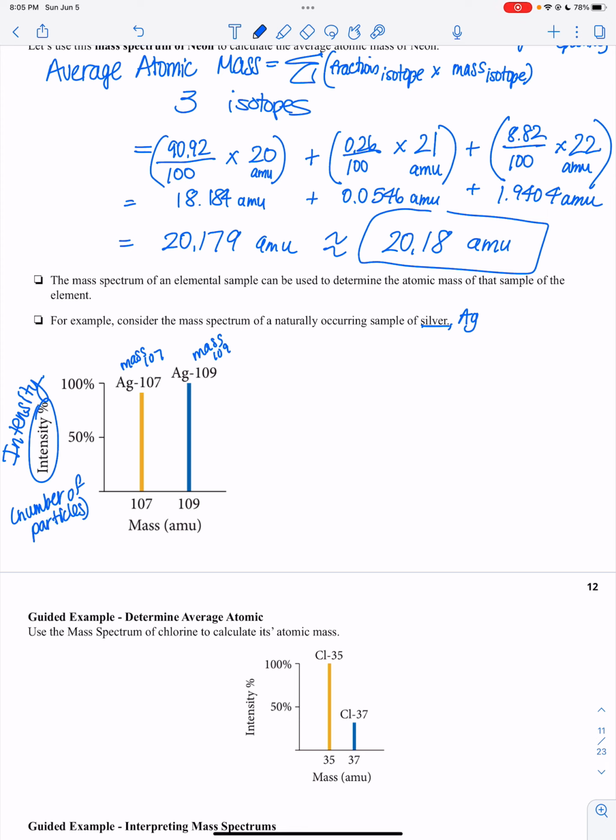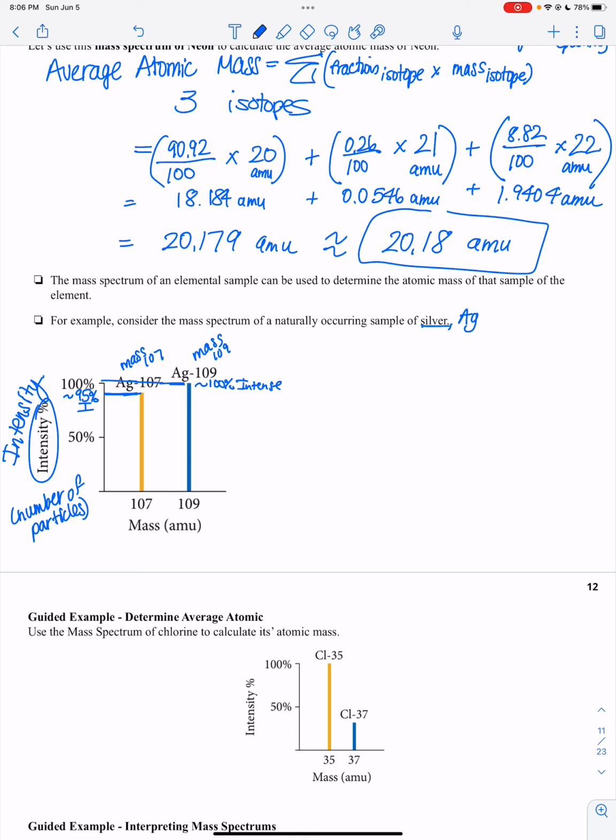Well, if I'm looking at this number here and I could approximate, it looks like Ag107 is, I don't know, I'll say about 95% intense, and then Ag109 is about 100% intense. That is not out of a percentage anymore. That is, I'll just call it intensity units.